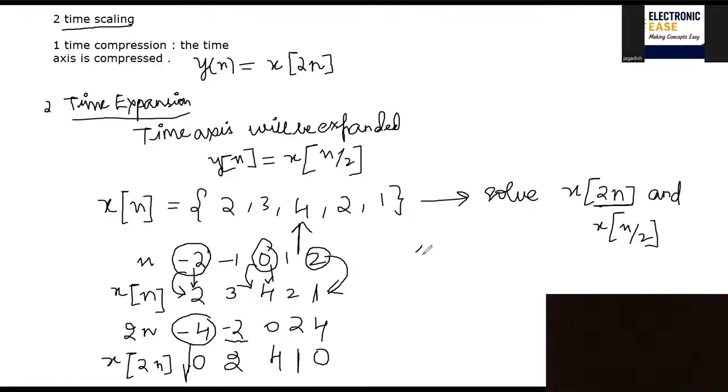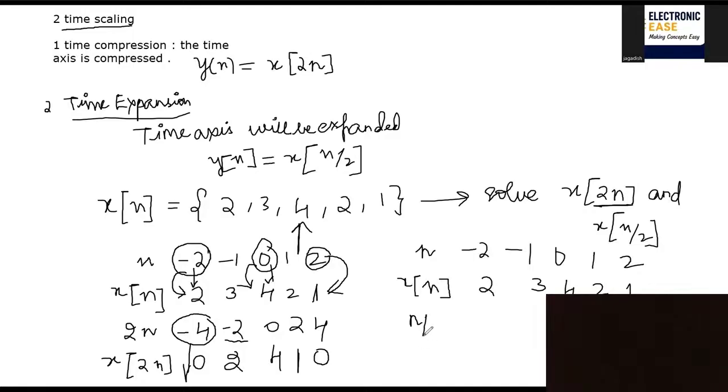Now, according to n value, you have to compare it to the n value, so the corresponding x of n you have to write. Now we will write for n by 2: -2, -1, 0, 1, 2. X of n we will write first: 2, 3, 4, 2, 1.